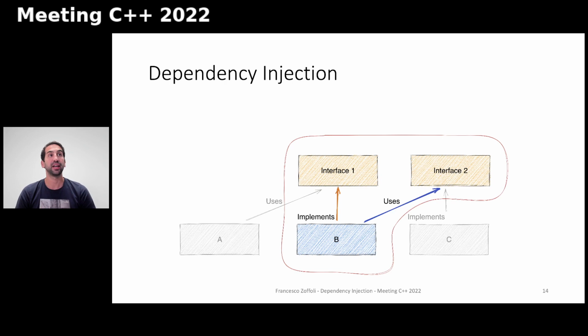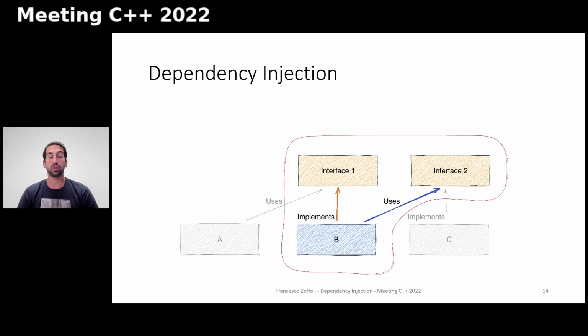The big win of dependency injection is that it's simple to validate the correctness of your component, because to validate whether B is correct, the only thing that you need to know is what the contract is on the interface that B implements and what the contract is on the interfaces that B depends on.